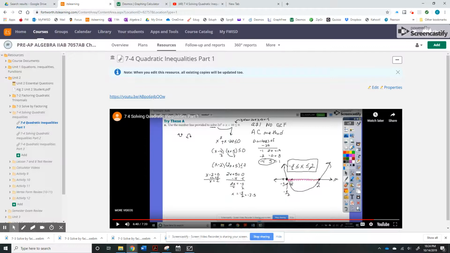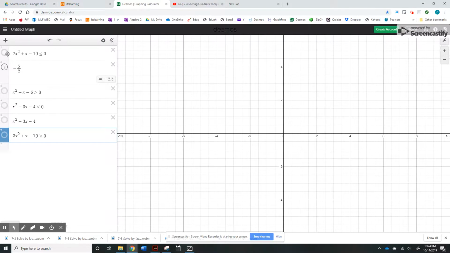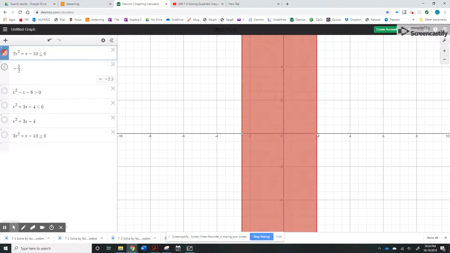This is a shading. Now, I want you to notice that I copied this down into Desmos exactly the way it was. If I turn it on, it's going to show me what to shade. And if you click those two numbers right there, it'll show you 2 is one endpoint and negative 2.5 is the other endpoint. And if you remember, we got negative 5 over 2. That's the same thing. That's the fraction form. That's the decimal form.